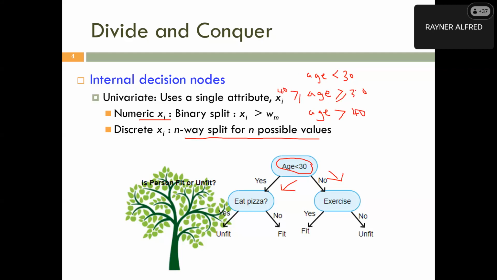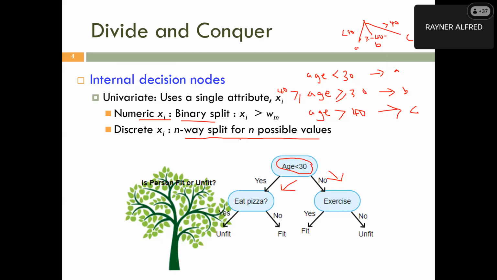So we have three ways here. So if the age is less than 30, we go A, B, or C. We go to B if the age is in between 30 to 40. If greater than 40, then you go to C. So this is what we call n-way. So more than two ways. Otherwise we will have binary split.